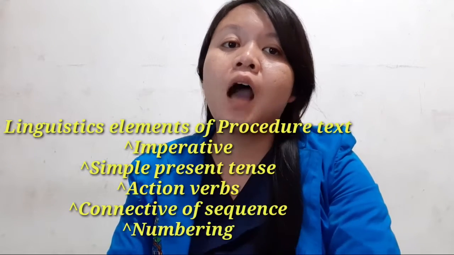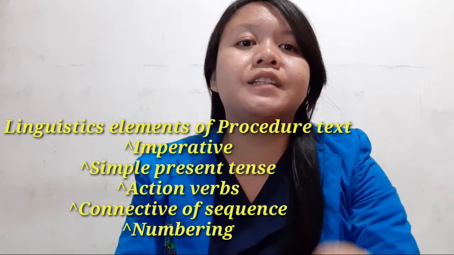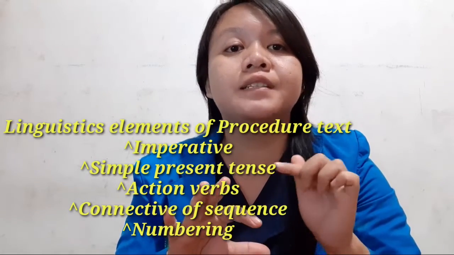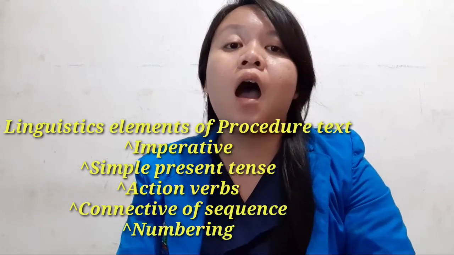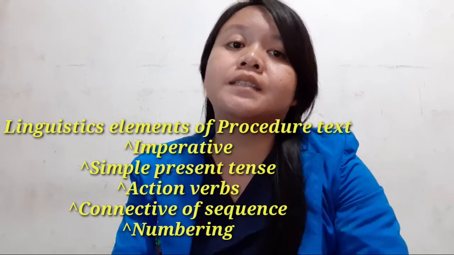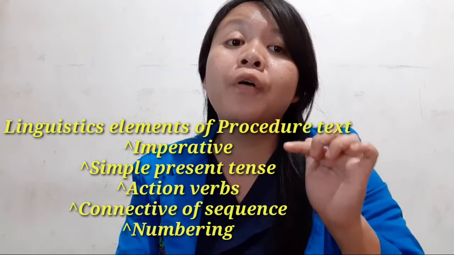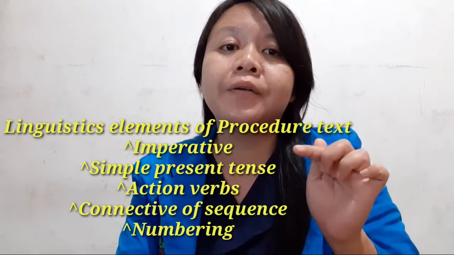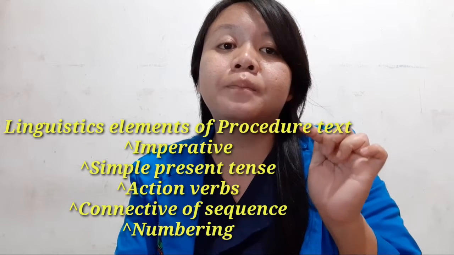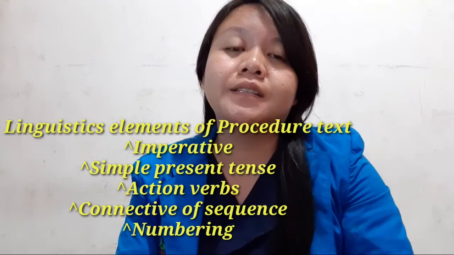Procedure text usually has the following linguistic elements. First, imperative. Command sentences such as cut the vegetables, pour the water, and so on. Next, simple present tense. Use the first form of the present verb such as serve, pour, place, and others.